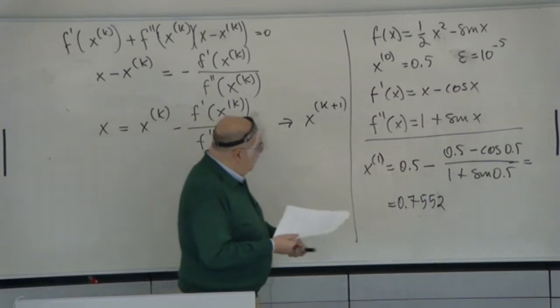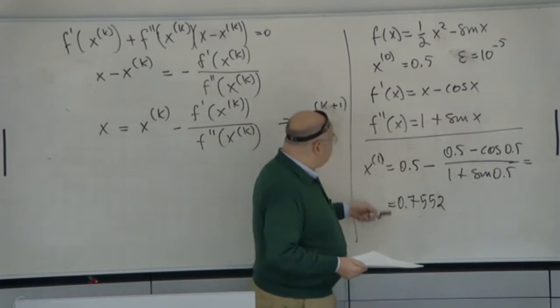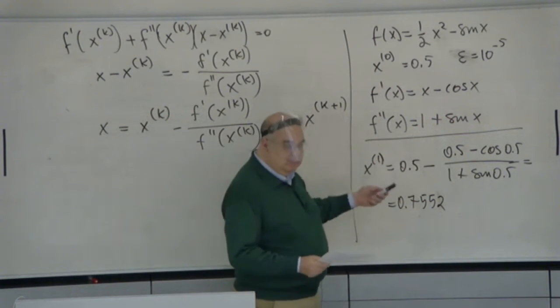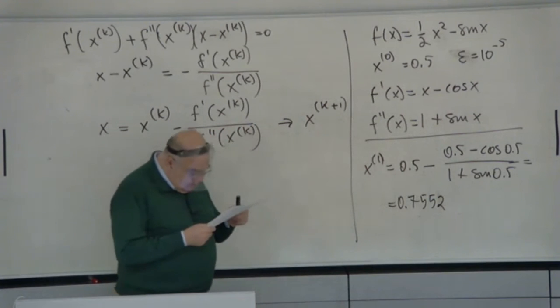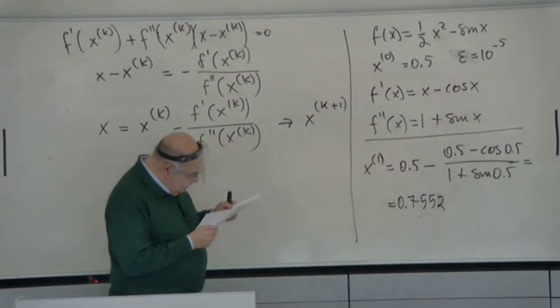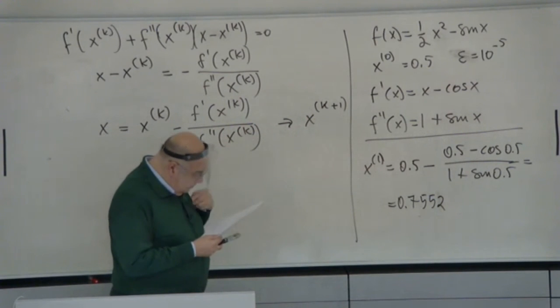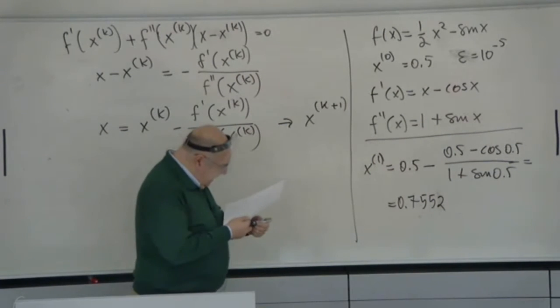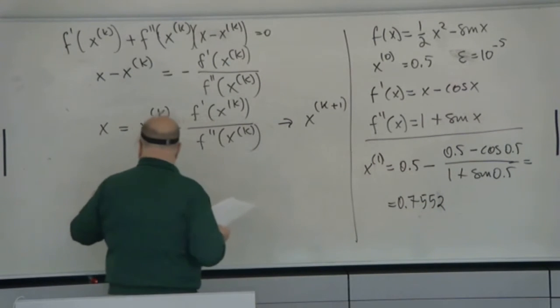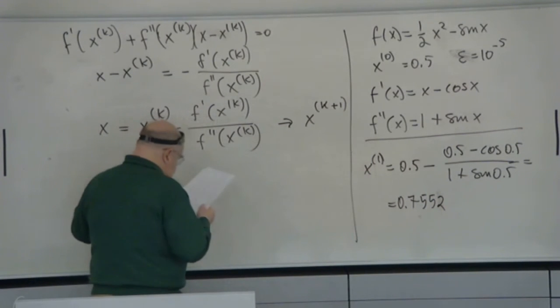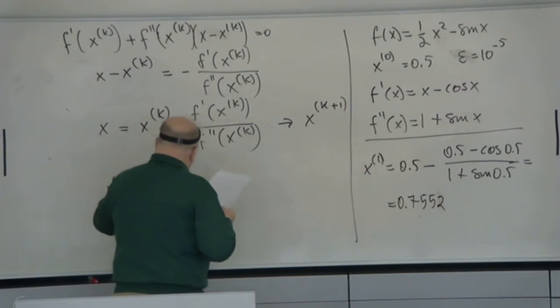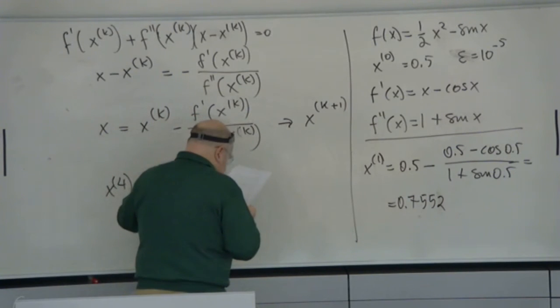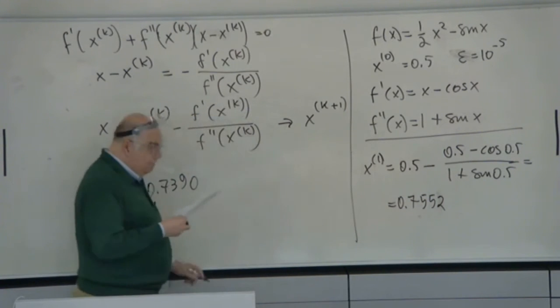At each step, you now feed this number in. This is x1, so you get x2, x3, and so on. And what is good is that in this case, we get x4, which equals 0.7390.